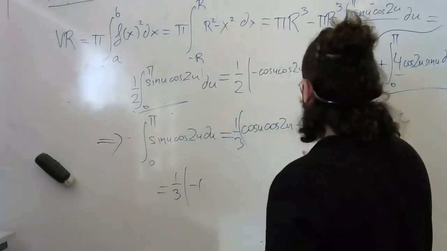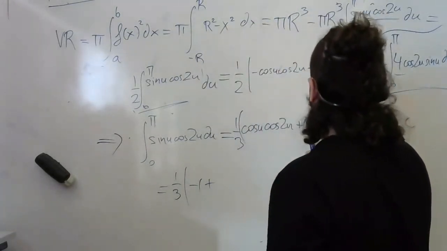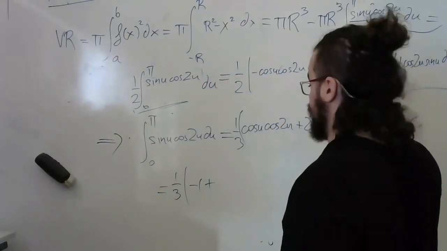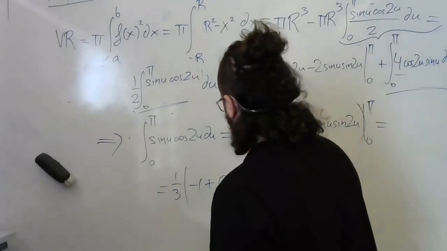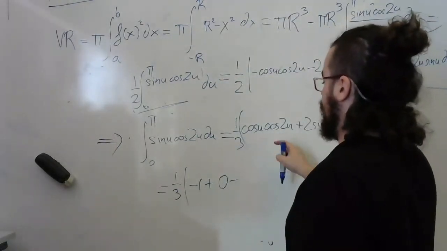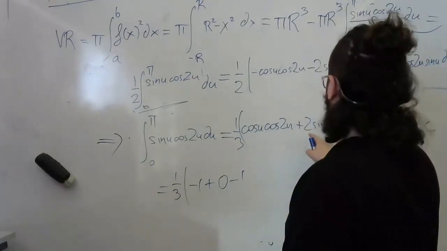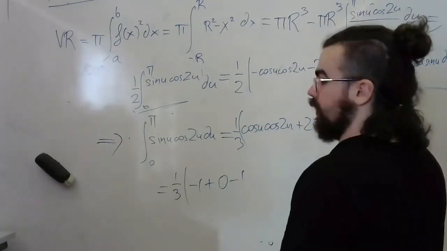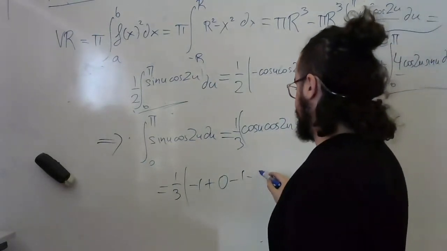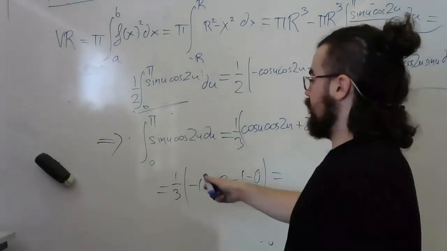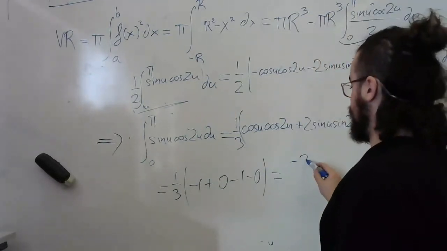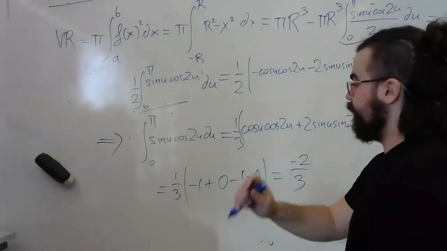So this is -1 plus 2 sine of pi, which is 0, times sine of 2 pi, which is 0 as well, and minus. Now we evaluate in 0: 1 times 1, minus 1. And when we evaluate in 0, sine is 0, sine of the double angle is 0 as well. So all this equation is equal to minus 2/3.